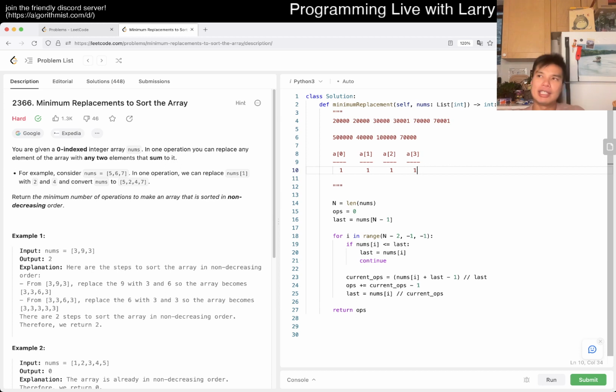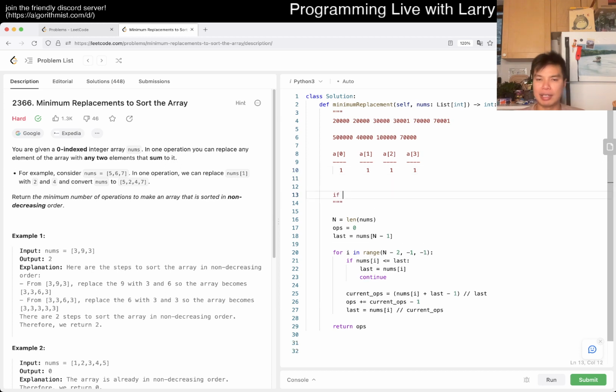And then the idea here is that if A1 is greater than A2, then we have to break this apart because there's no way to combine them, and these are good, then we have to break this apart. And in breaking this, it becomes bigger than that, or if it already is bigger, it doesn't matter.